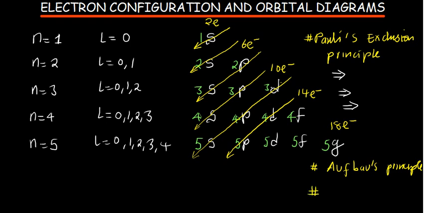Yes, sir. All right, and then the next one you need to know is called Hund's rule. Now, what does Hund's rule tell us? When you are filling up electrons in an orbital, electrons will occupy all orbitals in a subshell singly with parallel spins before you can occupy them doubly.